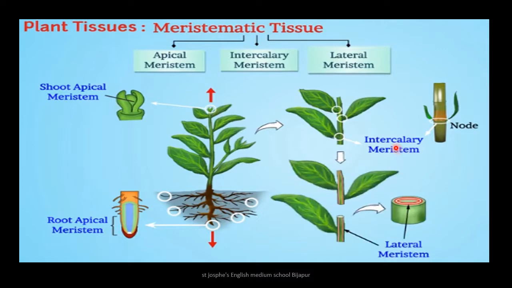Intercalary meristem is present at the base and internodes, two successive divisions of the stem. And lateral meristem helps the plant to grow in width. The stem gets converted into a woody trunk due to the presence of lateral meristem.